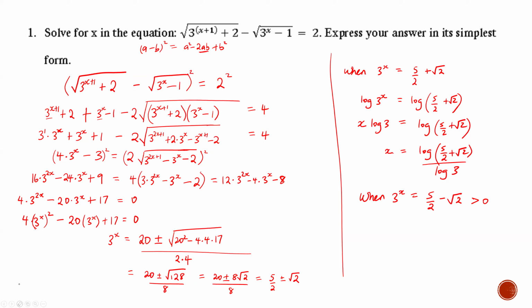But the second one is maybe not so obvious, but it's clearly greater than 0, so we're allowed to do something like this. So the log of 3 to the power x is equal to 5 over 2 minus root 2. And then we come up with the same thing. x will be the log of 5 over 2 minus root 2 divided by the log of 3.